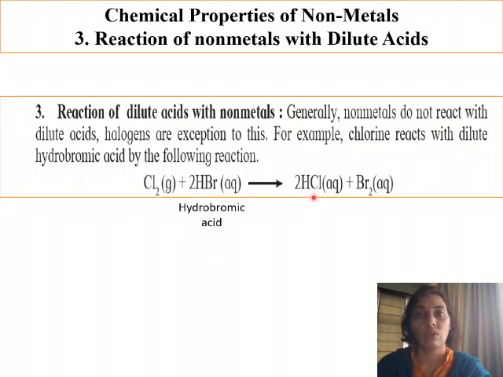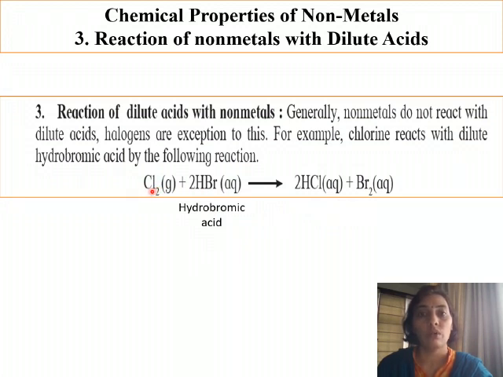Another thing that we have to notice here is that hydrobromic acid, that is HBr, is converted to Br2. That means from hydrobromic acid, hydrogen is getting removed. And we have studied that removal of hydrogen is called oxidation. So this is oxidation. And who is bringing about this oxidation? Chlorine.